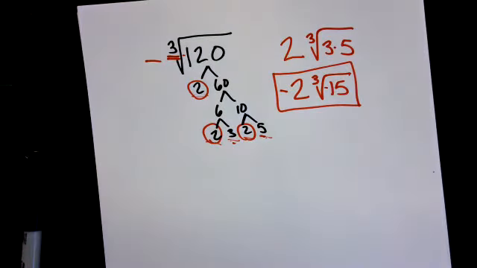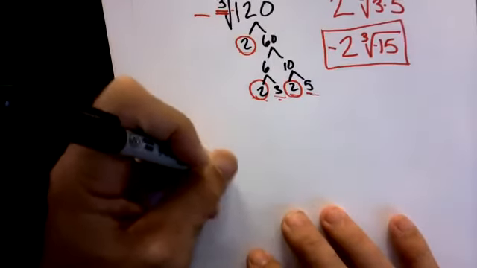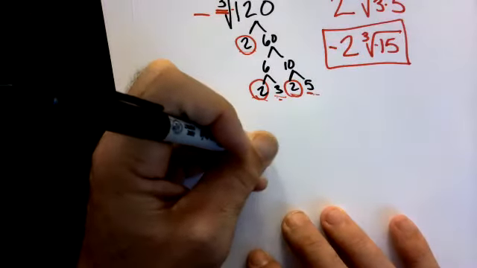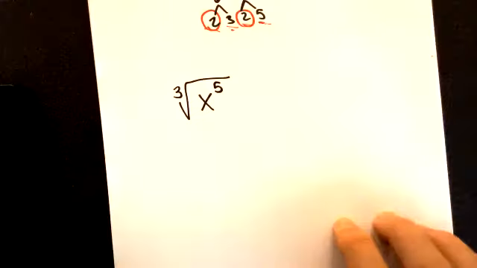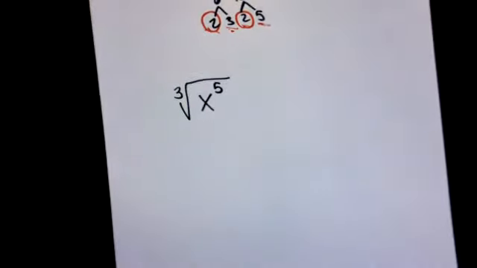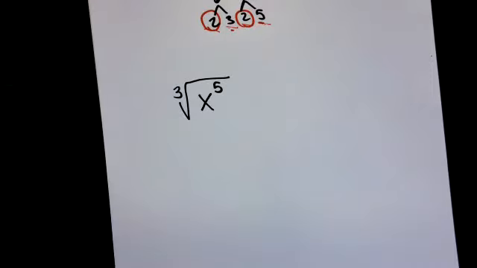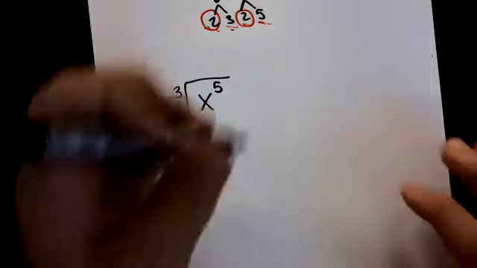variables. If they asked me to simplify the cubed root of x to the 5th power, we still divide, okay? However many times it goes in evenly is what comes out in front, and then leftovers or remainders stay inside.